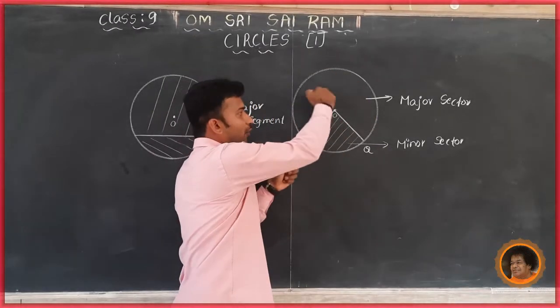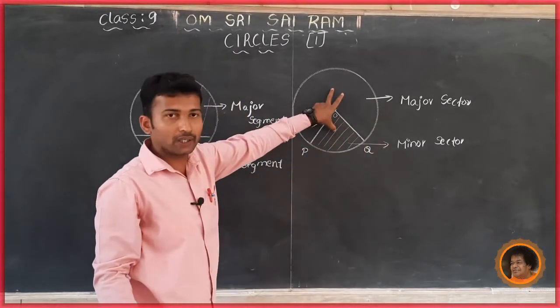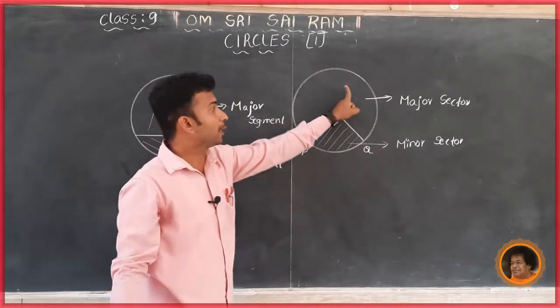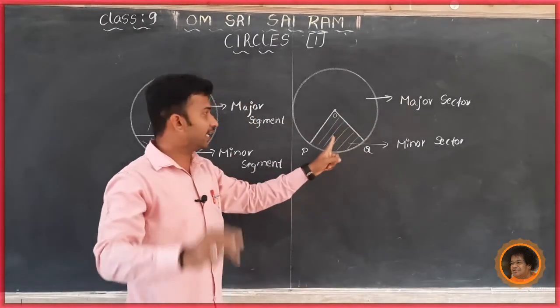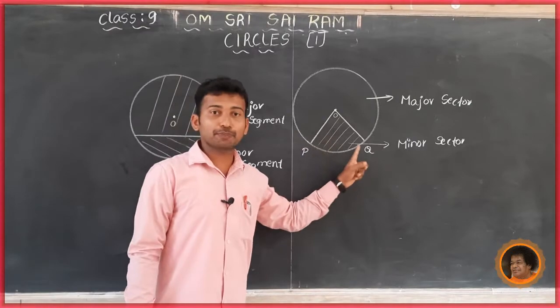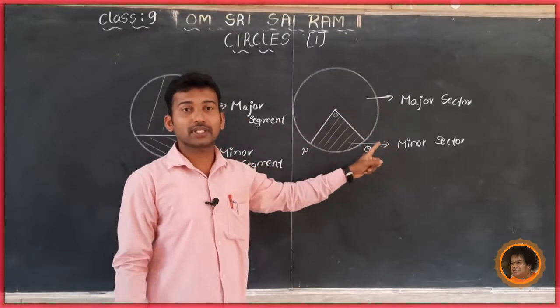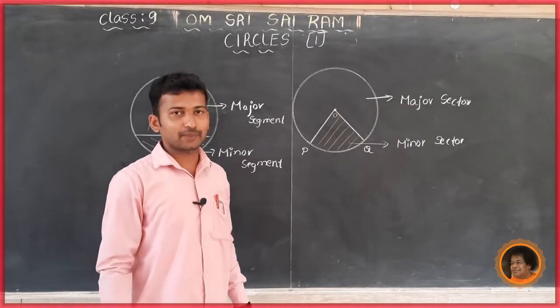Similarly, the region bounded by two radii and an arc. These regions are called the major sector and the minor sector. The minor arc corresponds to the minor sector. Similarly, the major arc corresponds to the major sector.